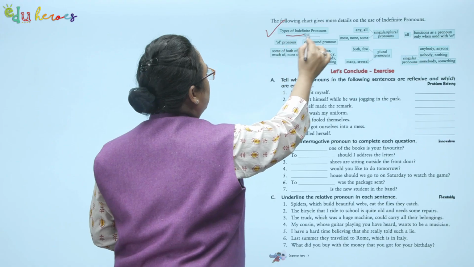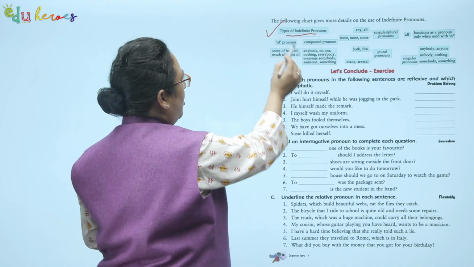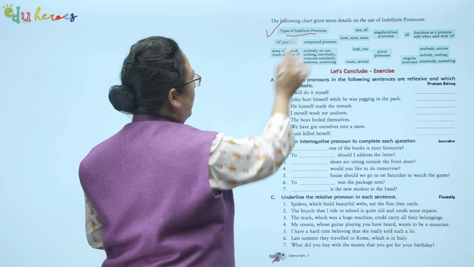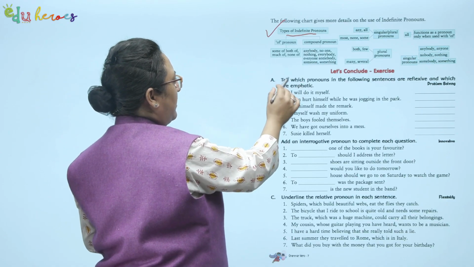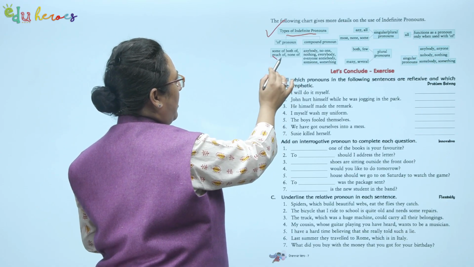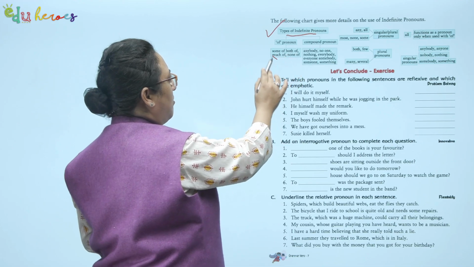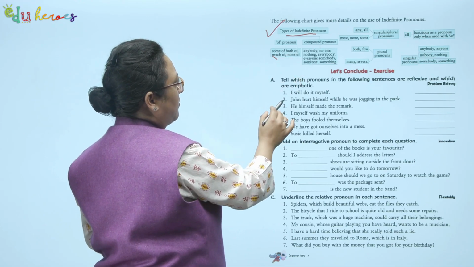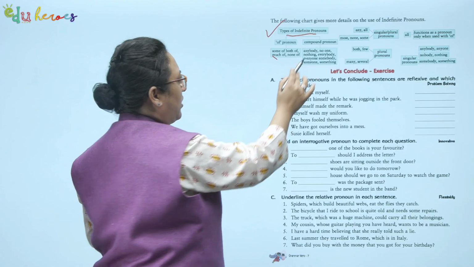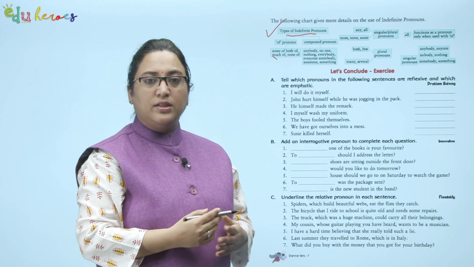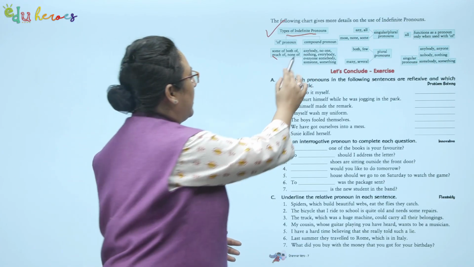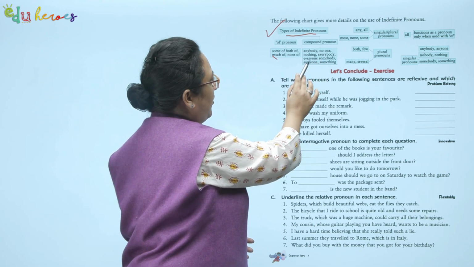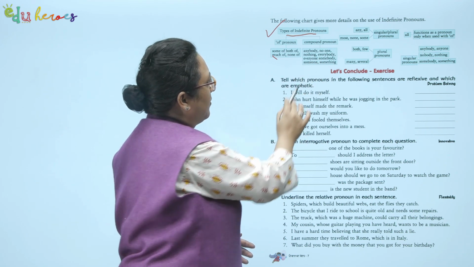We have the types of indefinite pronouns, and then compound pronouns, further categorized. So, the examples here are some of, both of, much of, none of. And then compound pronouns could be anybody, no one, nothing, everybody, everyone, somebody, someone and something.